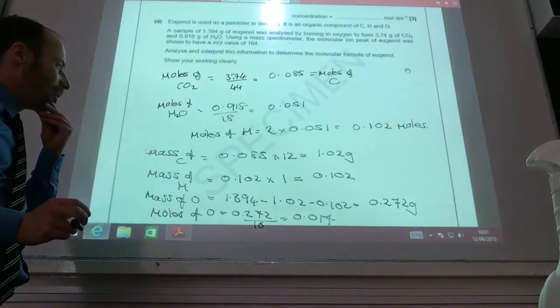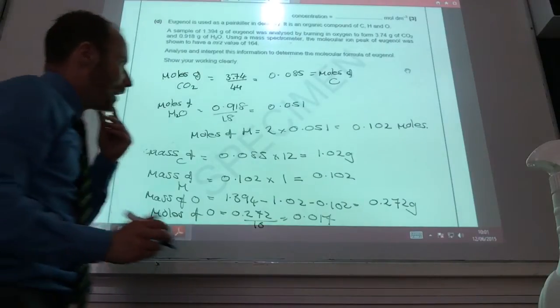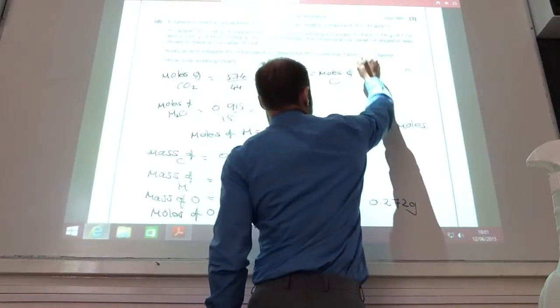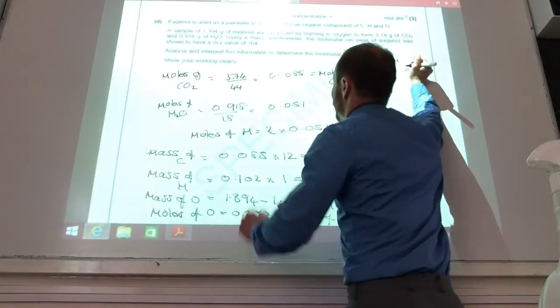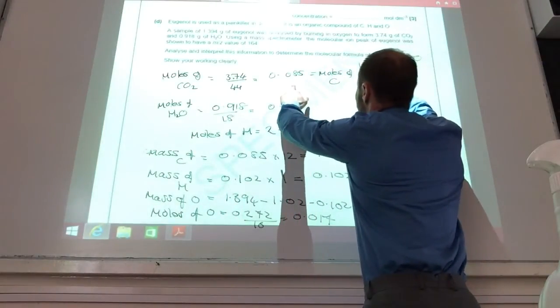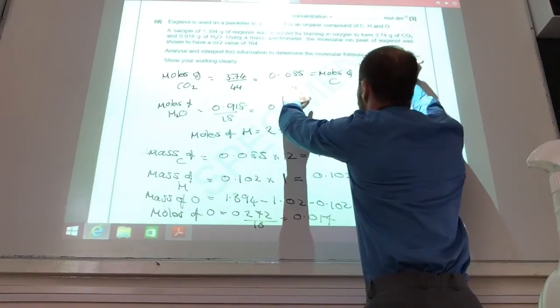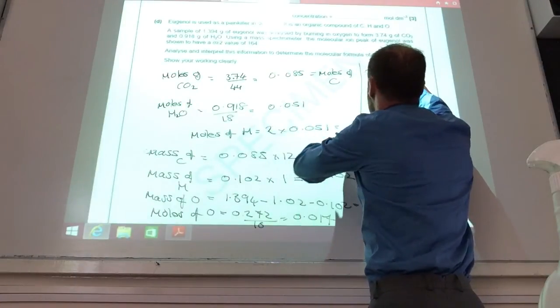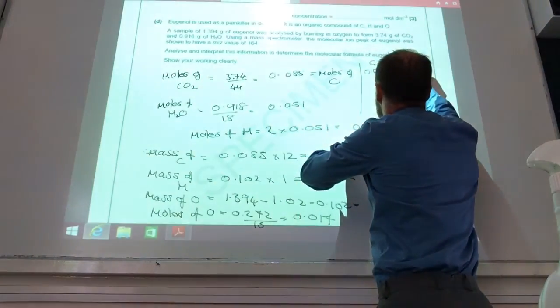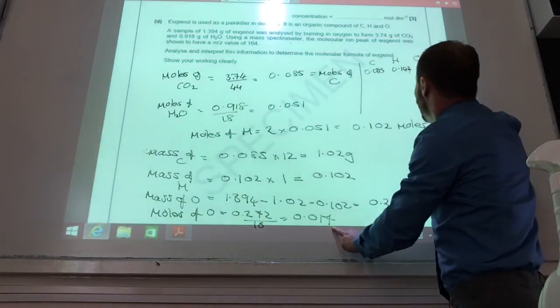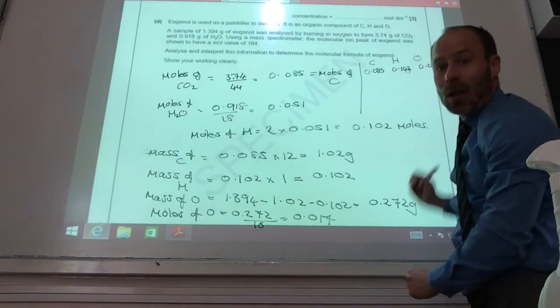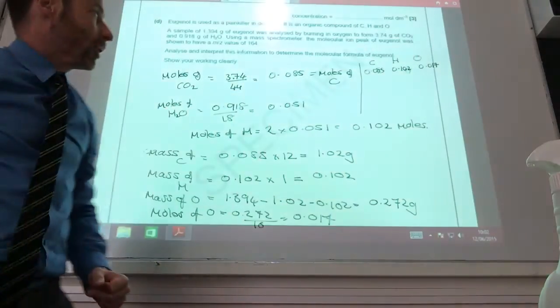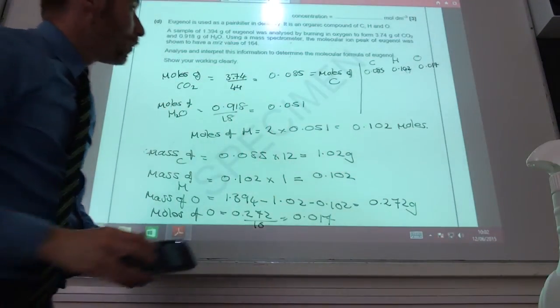I now need to work out my empirical formula. So I know it contains carbon, hydrogen and oxygen. It's got 0.085 moles of carbon, 0.102 moles of hydrogen and 0.017 moles of oxygen. What's the smallest one?